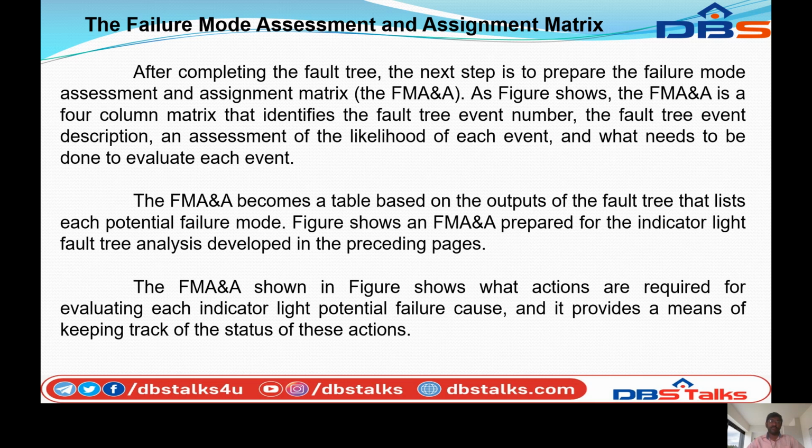The figure shows the FMA and A prepared for the indicator light, from the fault tree analysis developed in the preceding pages. It shows the actions required for evaluating each potential failure cause of the indicator light, and it provides a means of keeping track of the status of these actions.